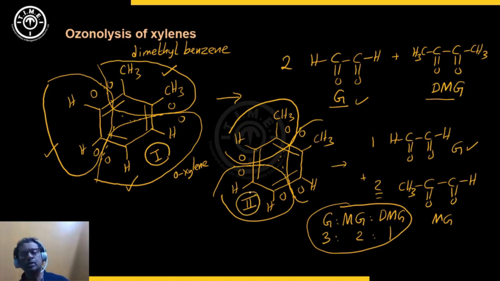So unless we use all the structures, all the canonical structures, we cannot explain the results. It's what is taught to us through this. Ozonolysis of orthoxylene gives us an opportunity to revisit resonance, right? And then find that resonance is the inability of a single structure to explain all the results.